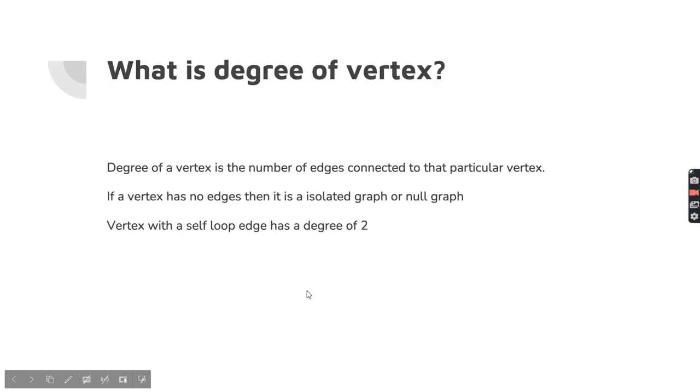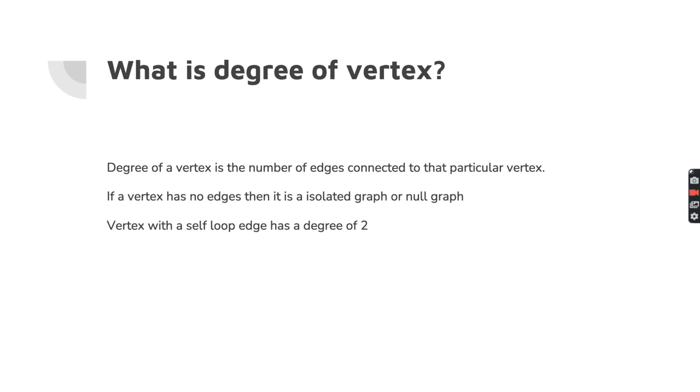So moving on, what is the degree of a vertex? Degree of vertex is nothing but the number of edges which are connected to that particular vertex. In the case of an isolated graph or null graph, there are no edges. A null graph is a graph which has just a single vertex, not even more than one vertex, a single vertex without any edges to it.